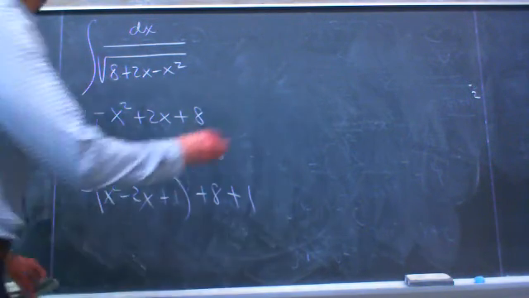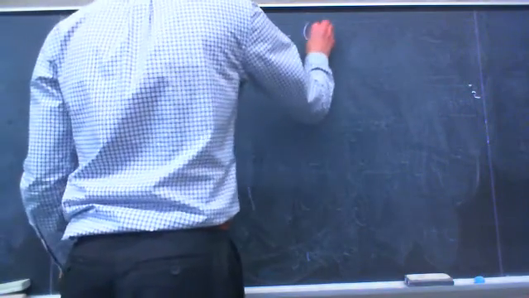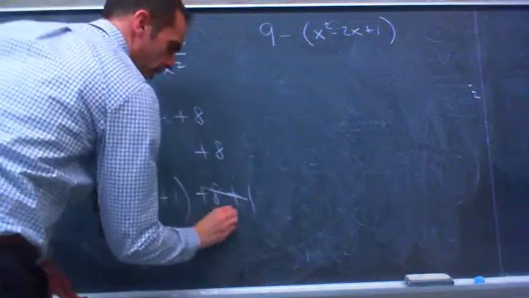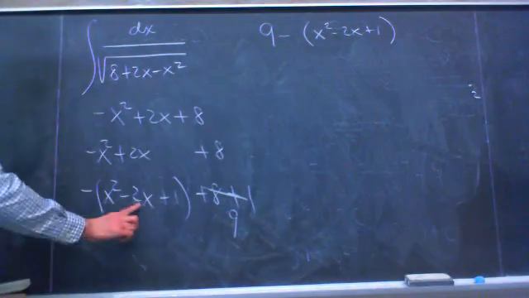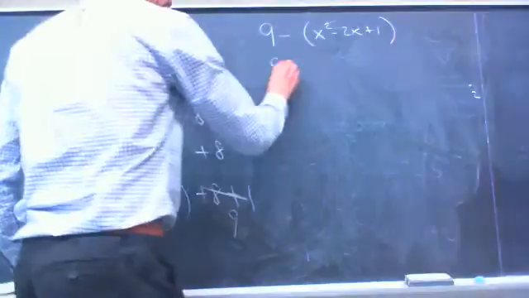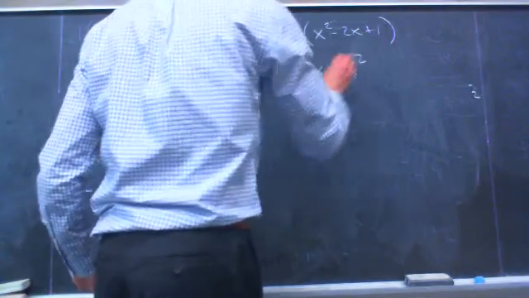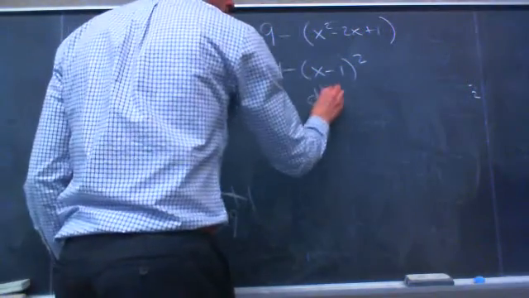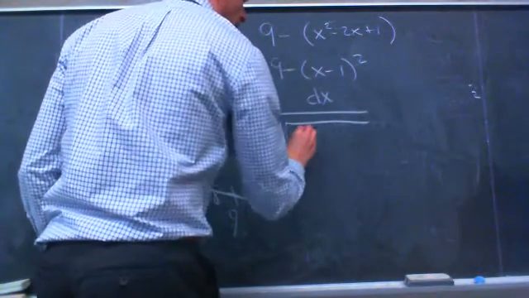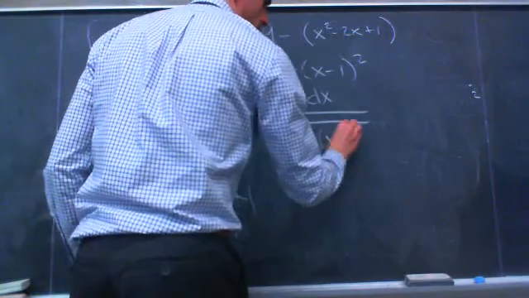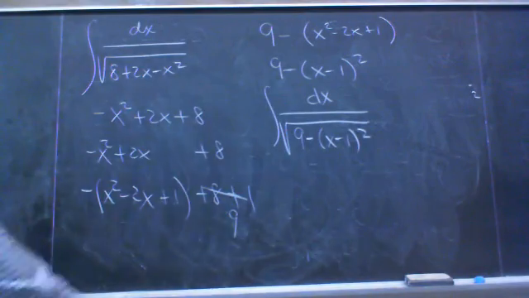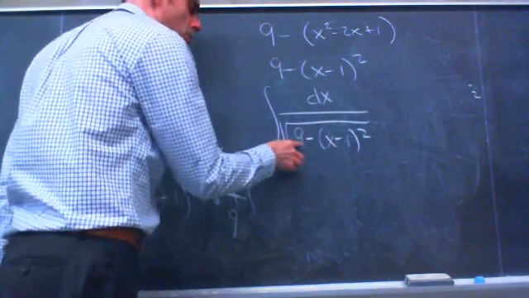So what I end up with is 9 minus the quantity x squared minus 2x plus 1, because this is 9. So it's 9 minus that. And this is equivalent to x minus 1 the quantity squared. So now inside, this becomes the square root of 9 minus x minus 1 squared. Okay? Looks like sine inverse, but I can't choose u until this becomes a 1.